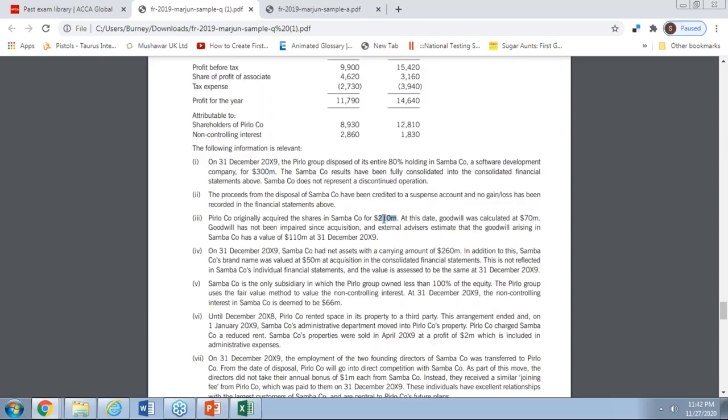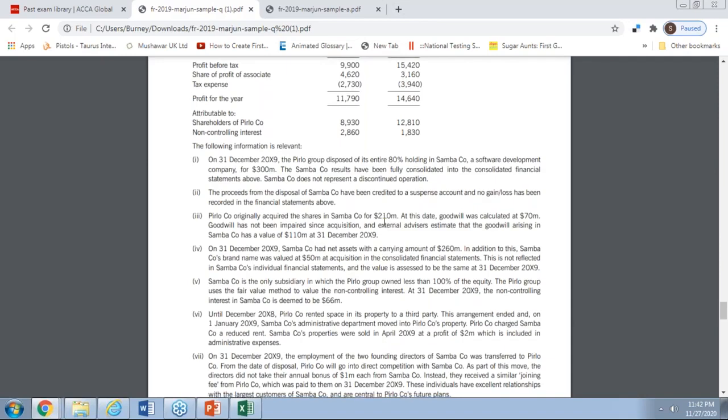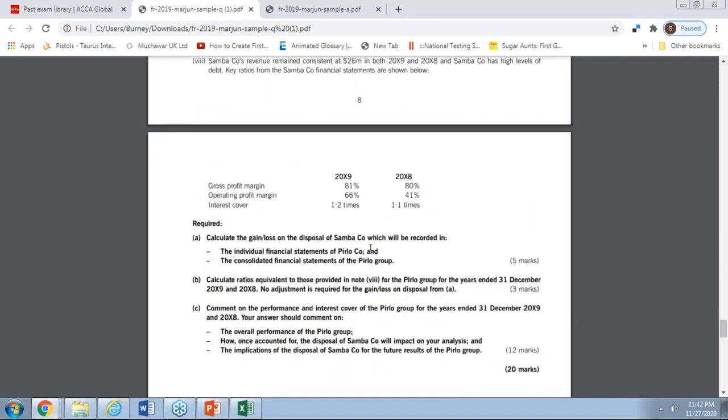The difference between these two will be the gain on disposal in the books of the parent company. So we acquired the investment for 210 and sold it for 300. It means there will be a gain on disposal of 90. So the first requirement is to calculate the gain or loss on disposal in the individual financial statements, and the answer for this part will be 90. So out of 5 marks, you will get 2 to 3 marks just by seeing the notes.